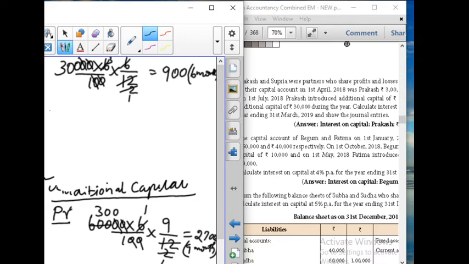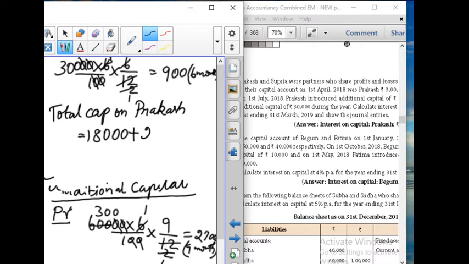So, total interest on capital of Prakash is equal to first interest on capital 18,000 plus 2,700, totally 20,700.